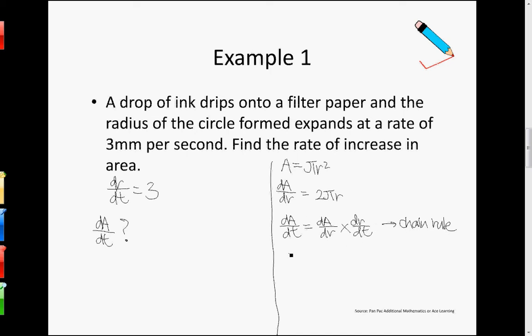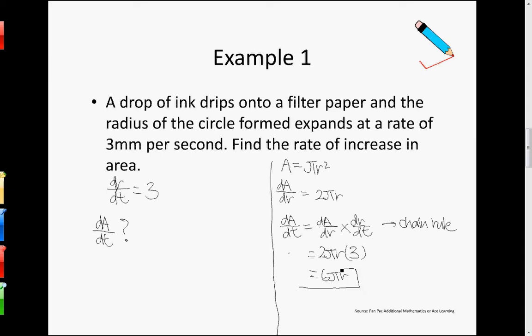Very simply, we just have to sub in the numbers. dA/dr is 2 pi r, and dr/dt is 3. So the rate of change of area with respect to time is 6 pi r. That's our answer.